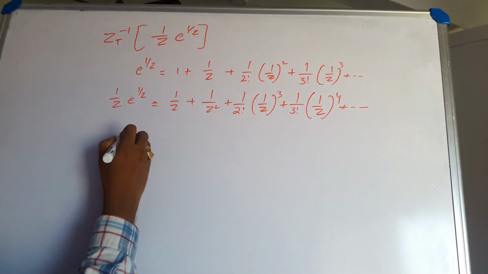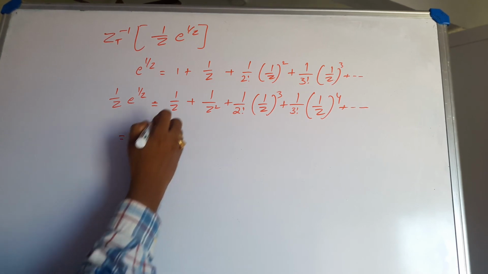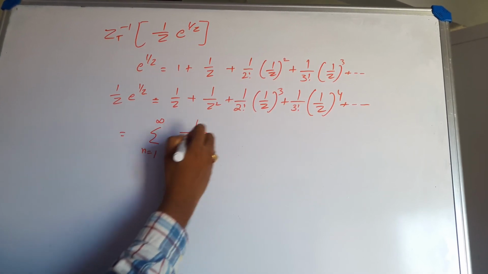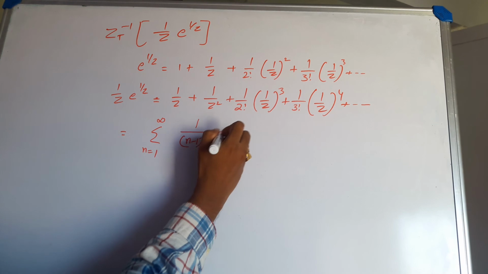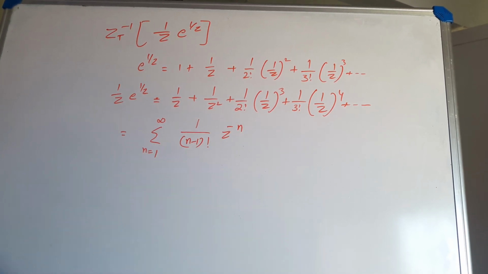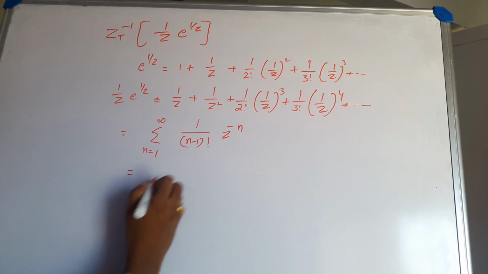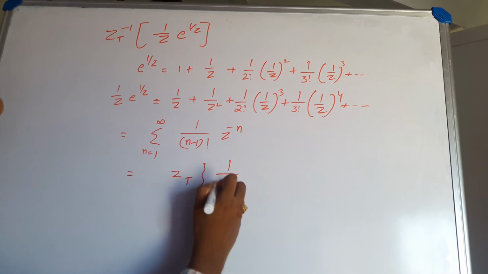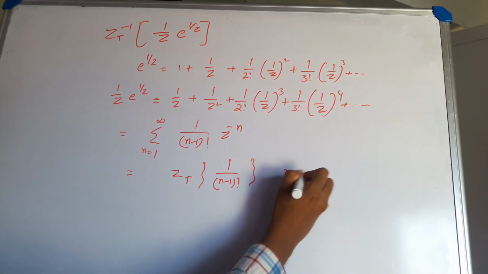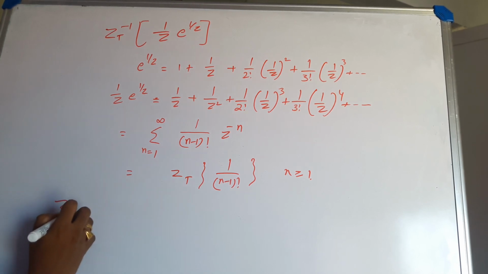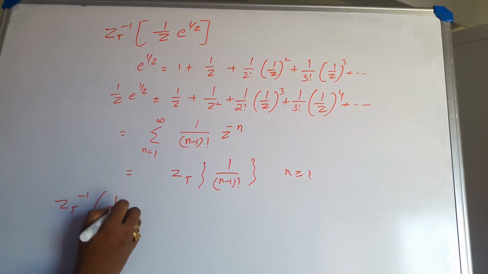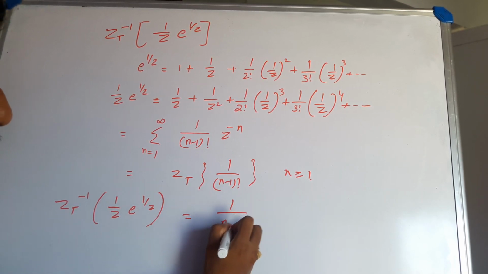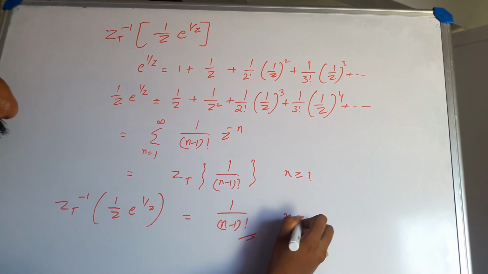Now this again we can write as summation n equal to 1 to infinity of 1 by (n minus 1) factorial and z to the power of minus n. Okay, so again this can be written as the z transform of 1 by (n minus 1) factorial for n greater than or equal to 1. So I require the inverse transform of 1 by z e to the power of 1 by z, which is 1 by (n minus 1) factorial for n greater than or equal to 1.